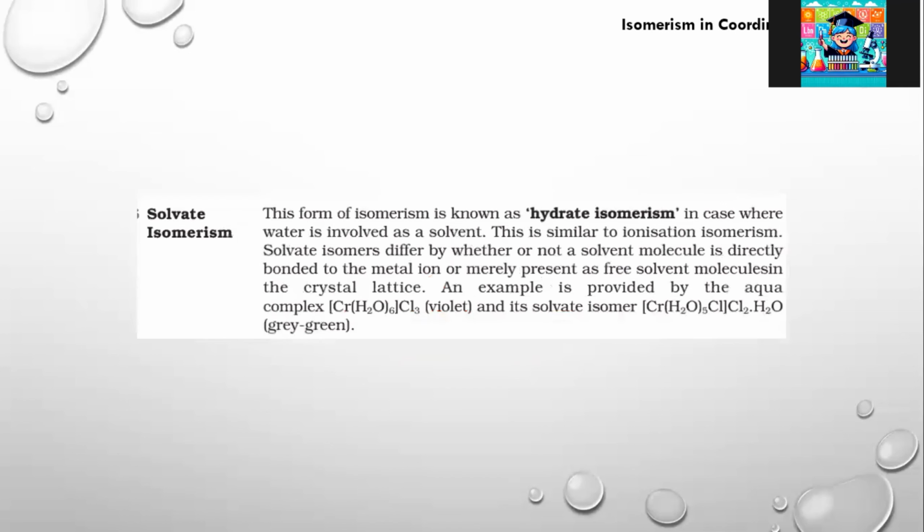Now coming to another type of isomerism, that is solvate isomerism. Solvation means the solvent in which the complex is dissolved is playing a role in this isomerism. This is also known as hydrate isomerism if water is the solvent. The solvent forms a coordinate bond with the metal, and this type of isomerism occurs.